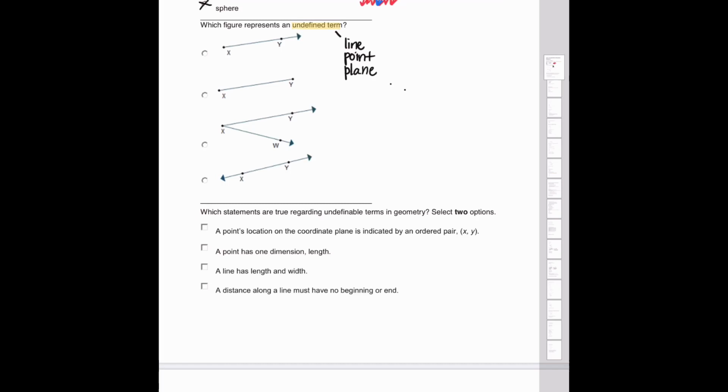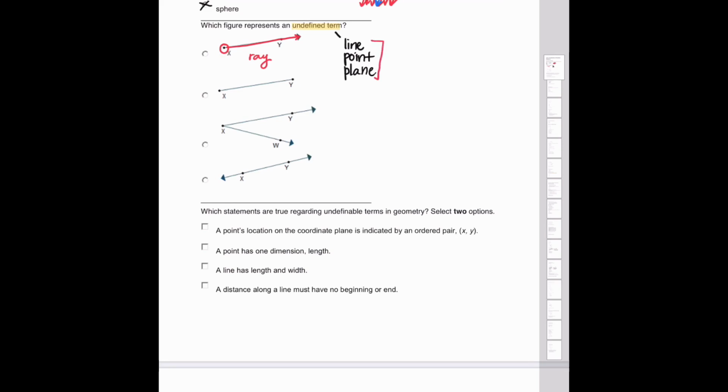Therefore, we are looking for a diagram that represents either a line, point, or plane. Let's look at the first one. In this instance, we can quickly identify that A is not our answer. Why? Well, because it has one endpoint and a line that extends infinitely in the other direction, making this a ray. A ray is not an undefined term that we have identified. Therefore, this is not our answer.